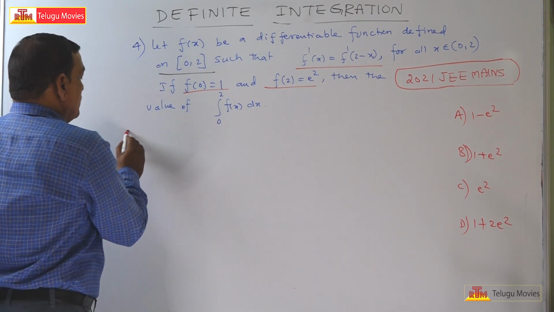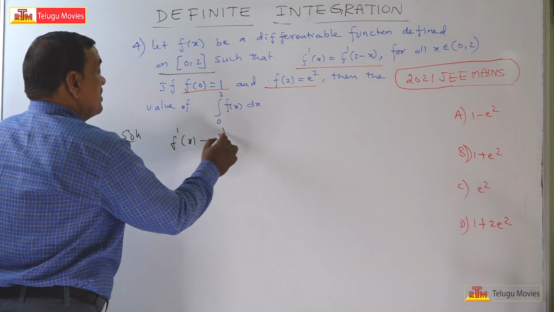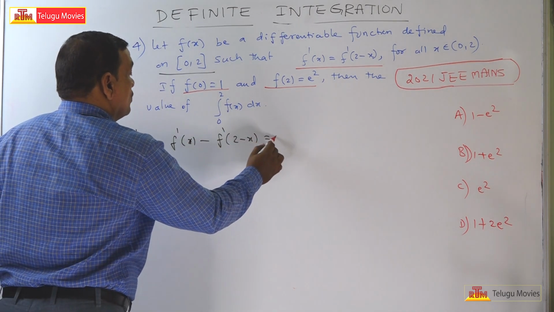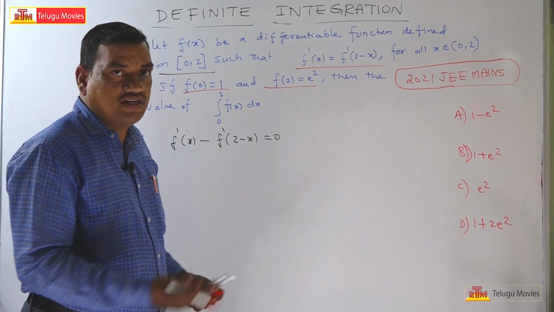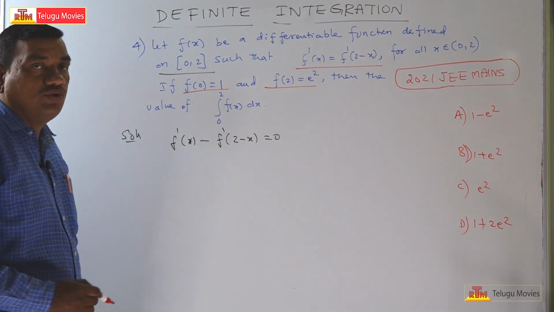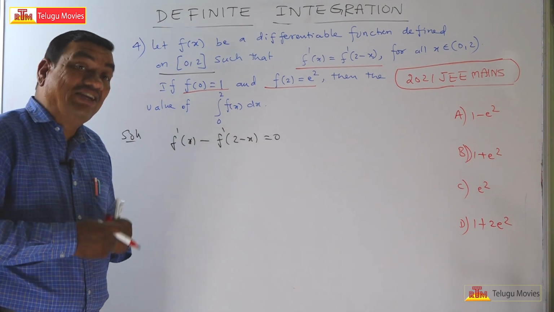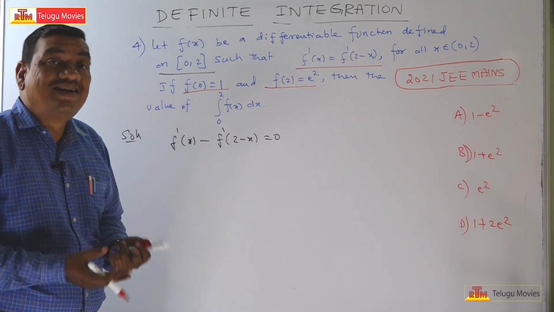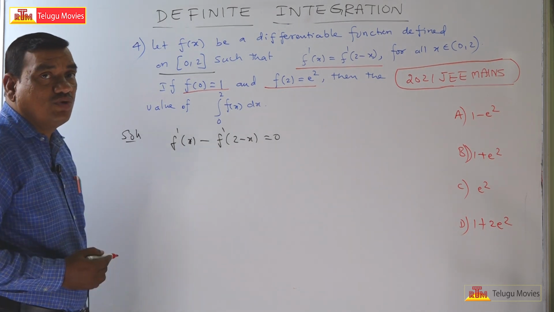Now, solution. f dash of x minus f dash of 2 minus x is equal to 0. I have taken this to the left hand side. Now, to avoid this differentiation, let us integrate on both sides. If we integrate on both sides, what happens?